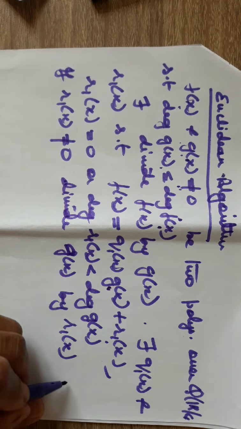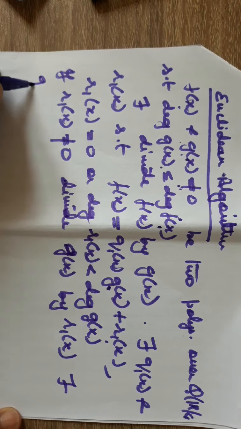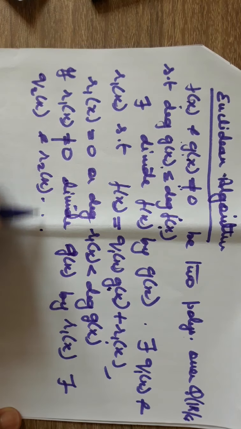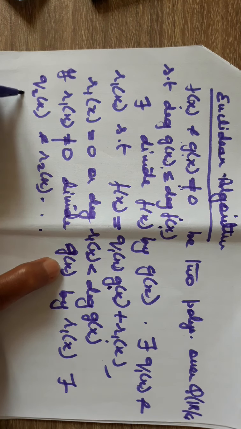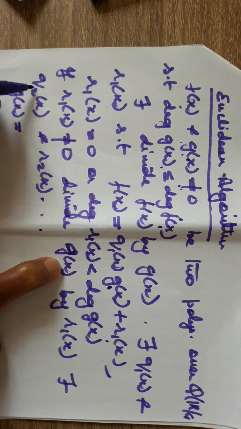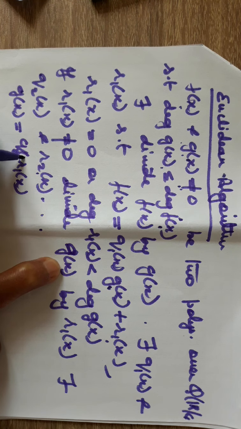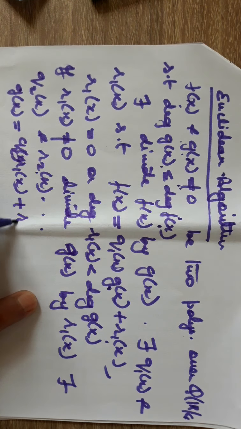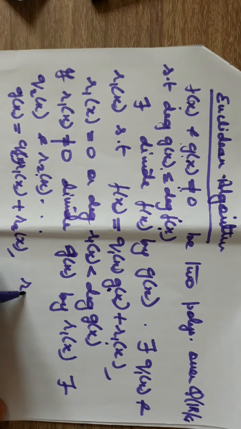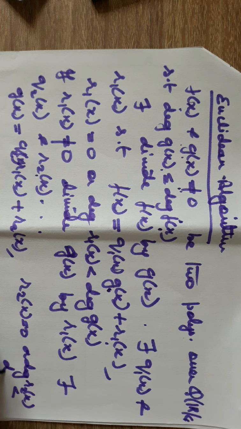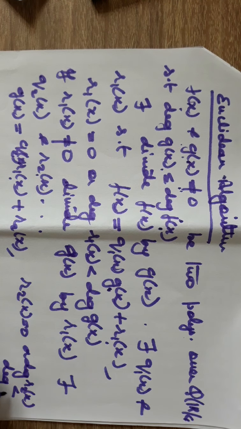Again by the division algorithm there exist unique polynomials q2(x) and r2(x) such that g(x) can be expressed as q2(x) times r1(x) plus r2(x), where r2(x) is equal to 0 or the degree of r2(x) is less than the degree of the divisor r1(x).